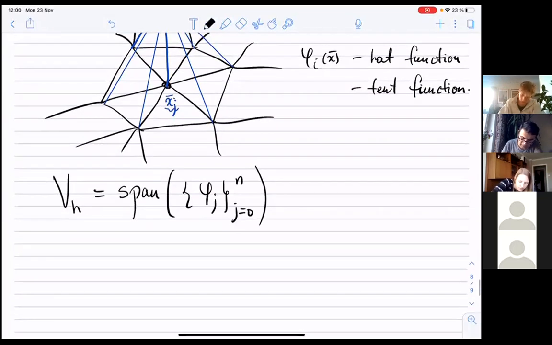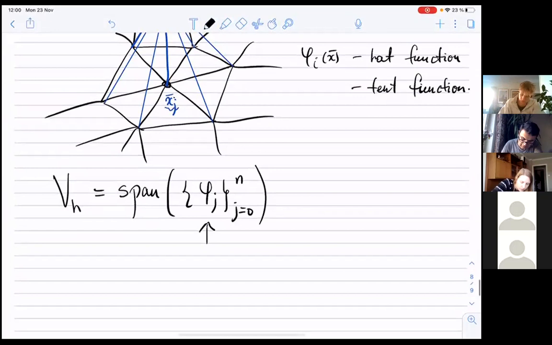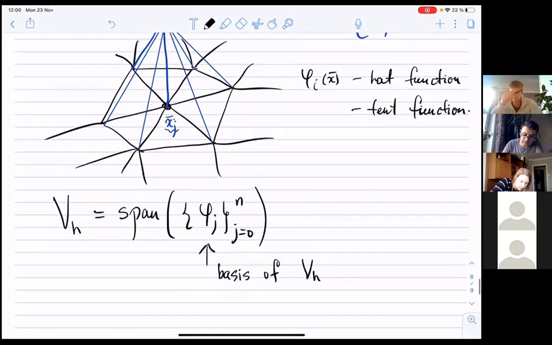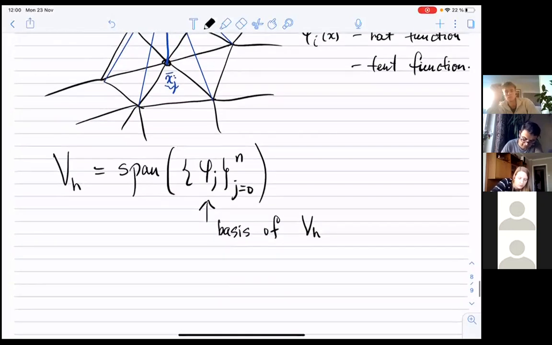And yeah, that's a basis, one of the bases of this space VH. And when you construct it with these head functions or tent functions, the dimension of this VH is going to be n plus 1.